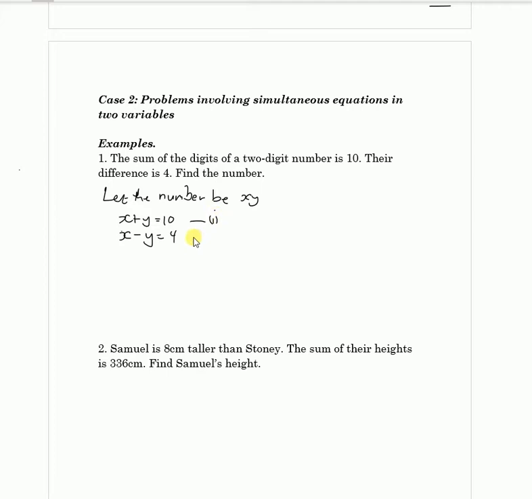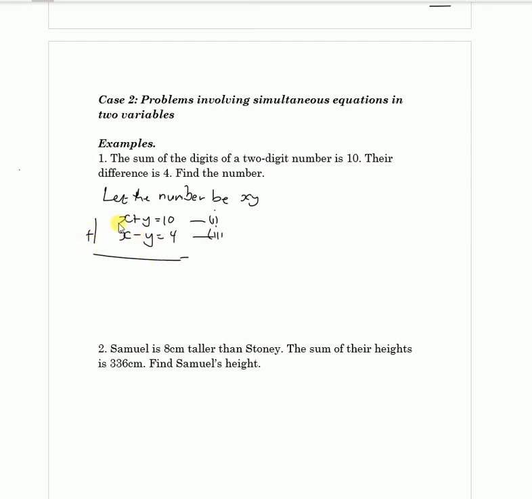Equation 1, equation 2. You can see that this one is similar to that. They have the same coefficients. Subtracting, x minus x is 0, but y minus negative y would not eliminate y. So let us just add these equations.